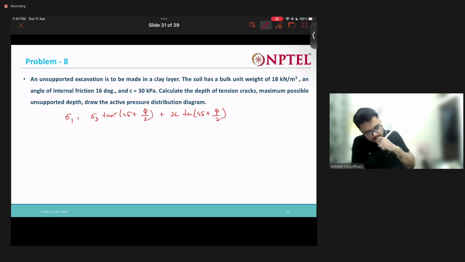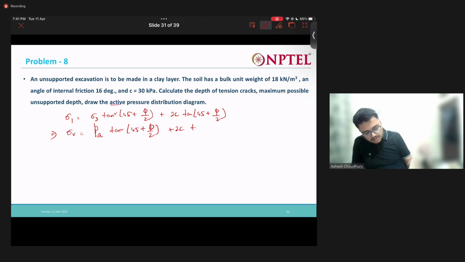Here for tension crack, this is the active case. In the active case, sigma 1 is this, and this is my small pa. You already did this.